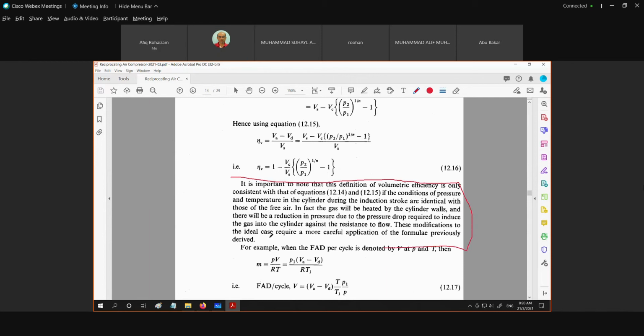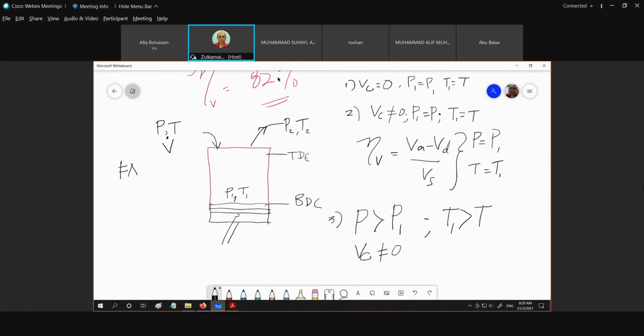So, when we have a difference between P1 and P, a parameter is introduced called free air delivery. Right? Free air delivery. Okay? So this free air delivery, FAD, is equal to V dot, but its unit must be in meter cube per minute.